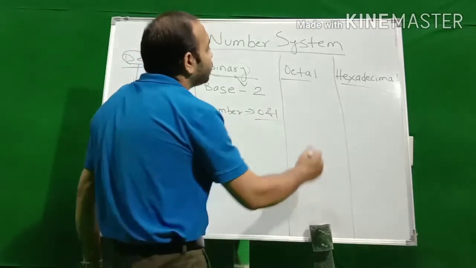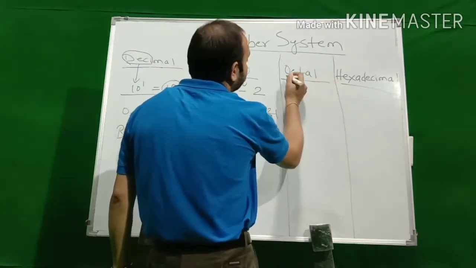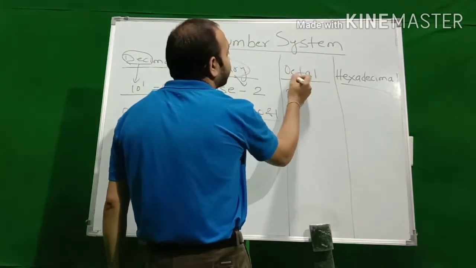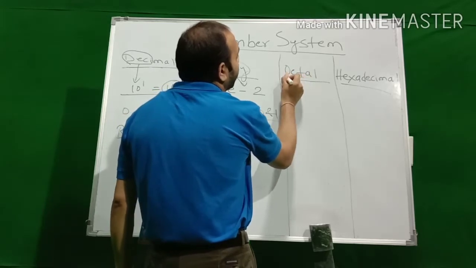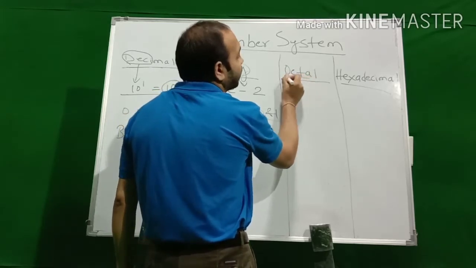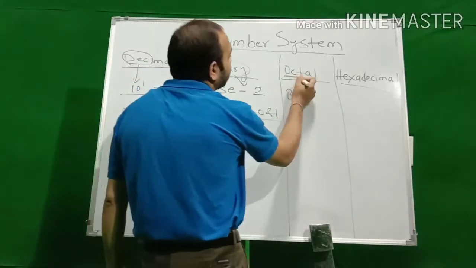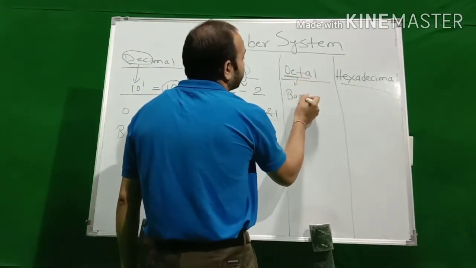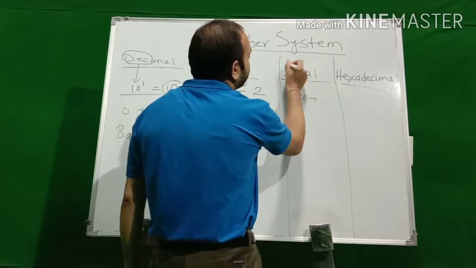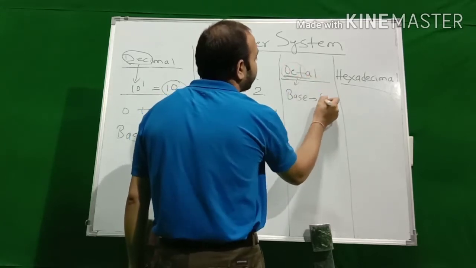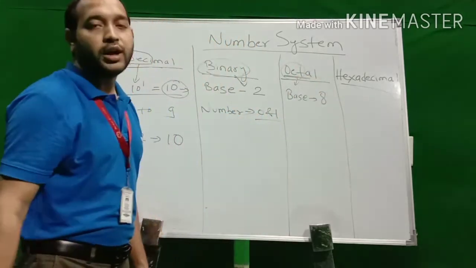Next, if you go to the octal number system, as you can see in the name octal, octa means 8. Due to this word, you can remember the base will be 8.